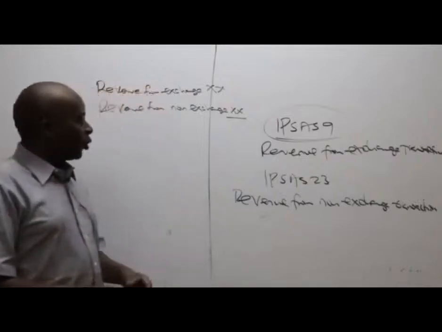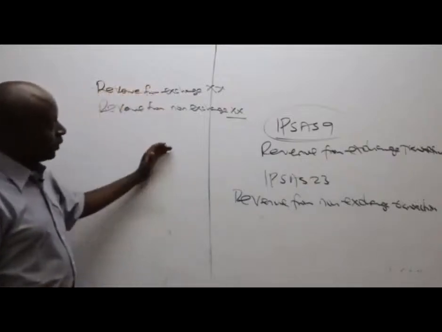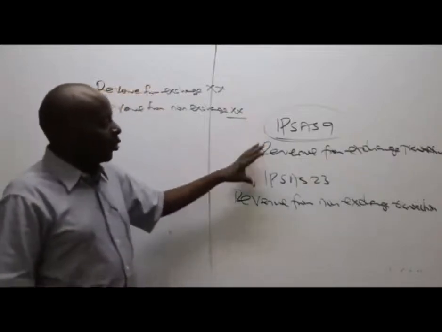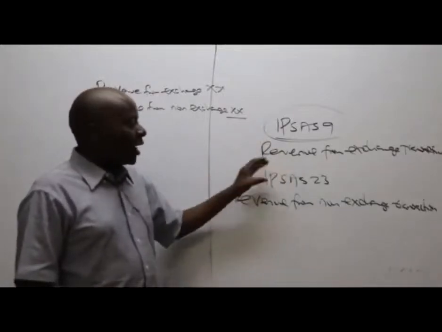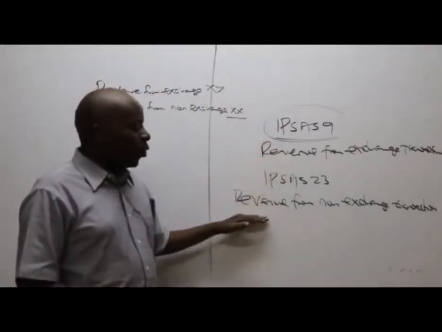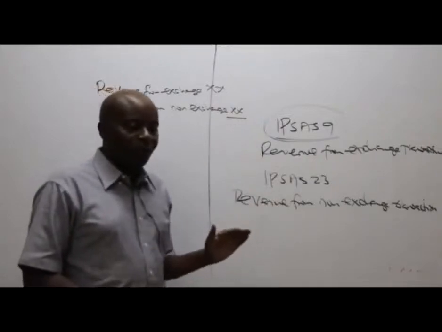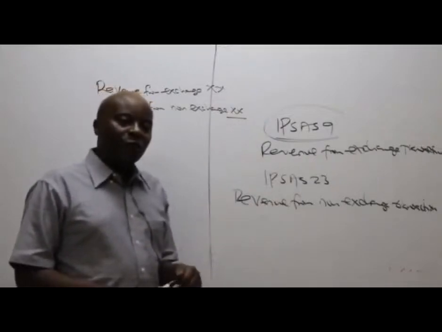About what was tested last semester, and I was explaining something very important here regarding IPSAS 9, which is revenue from exchange transactions, and IPSAS 23, which is revenue from non-exchange transactions. Now listen to me very well.